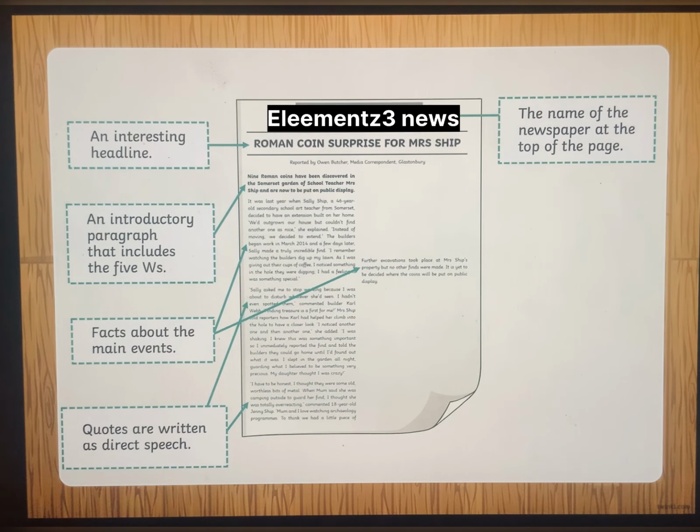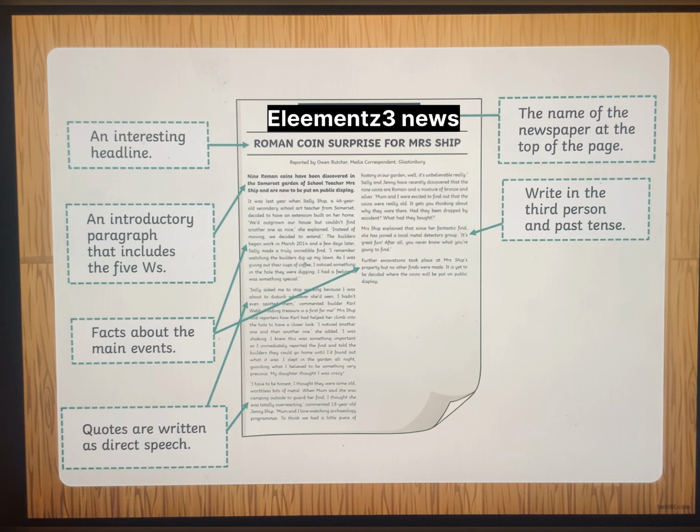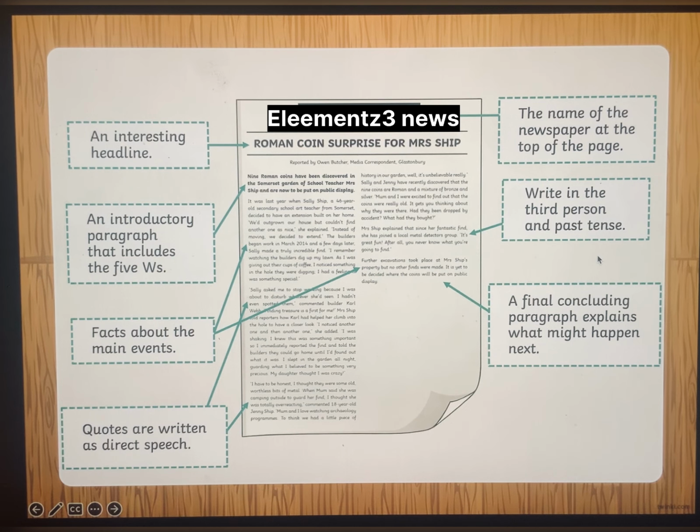Next is the name of the newspaper. Absolutely important. Okay, the name of the newspaper has to be mentioned there. Write in the third person and past tense like we saw. Do I have this aspect fulfilled? Okay, check. A final concluding paragraph explains what might happen next. Like we said, we might think that it's decided where the coin will be put on public display.